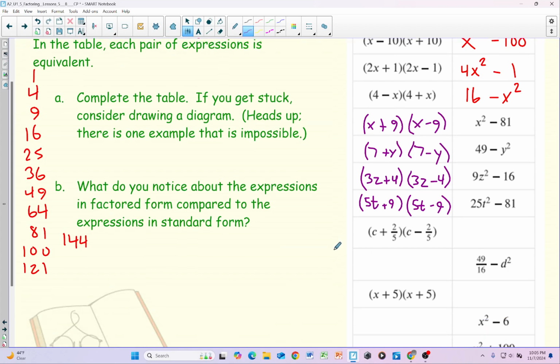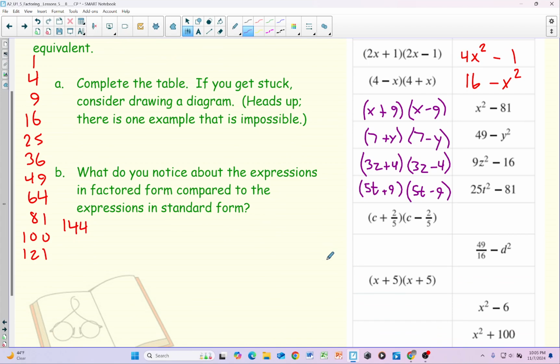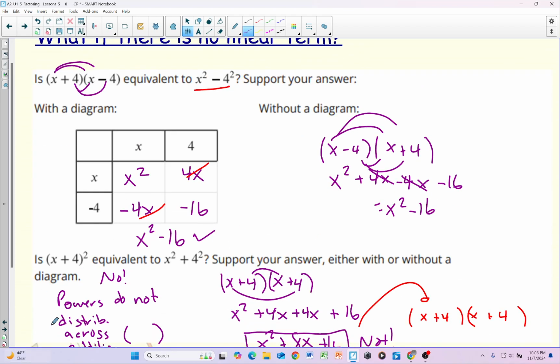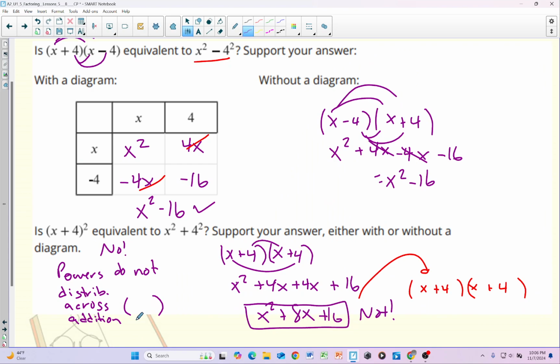And, oh no, fractions. Really? Fractions? Actually, fractions are not bad. When you're dealing in squares, fractions are very good. And that's because of the way that fractions and powers work. So remember we said before, if we look at the previous slide, we said that powers do not distribute across addition, right?